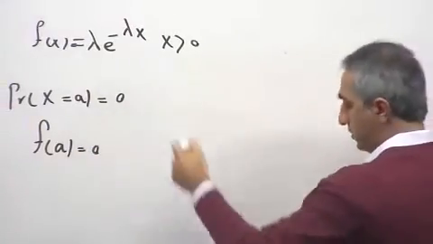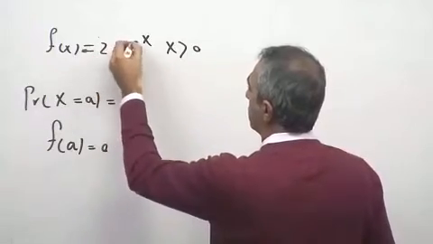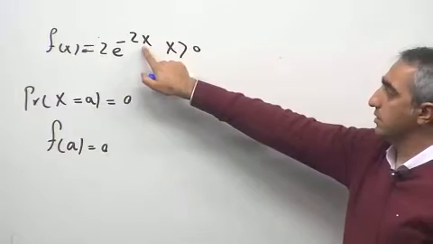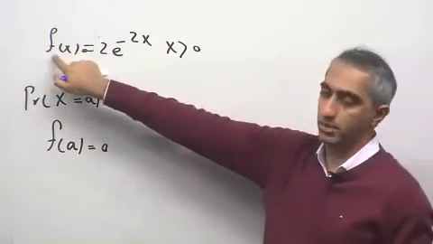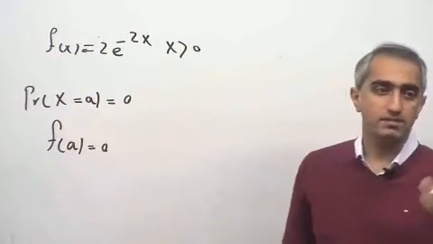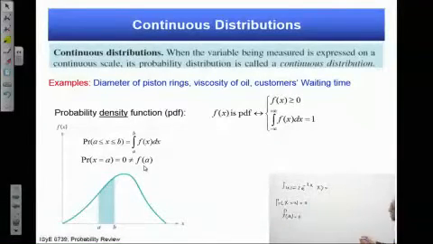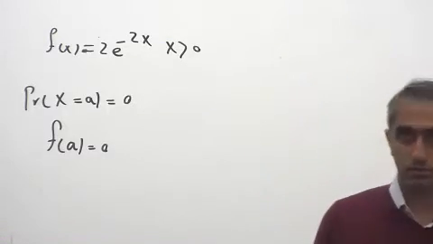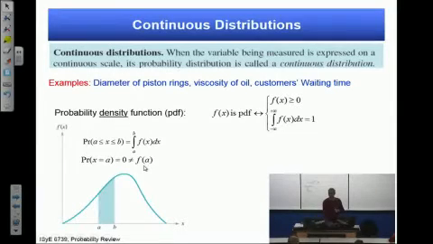Definitely, if you put, let's say, lambda equal to 2, and x is equal to 2, or a is 2, then if you plug in 2 here, you get a number. But this number is not a probability. It's just the value of the PDF function. Probability is always defined over a range. And point probability for a continuous distribution is equal to 0. Okay, for continuous distributions. Any questions?